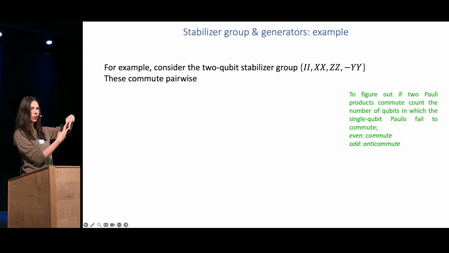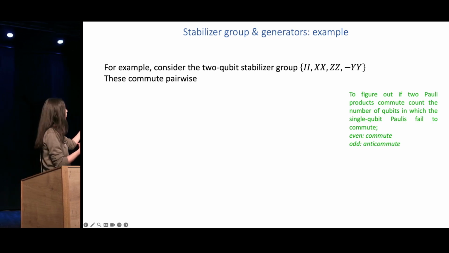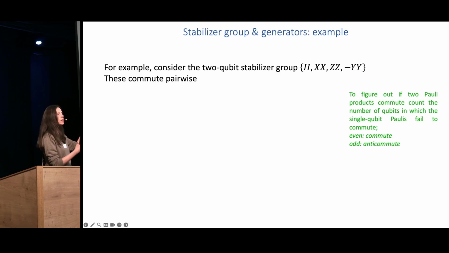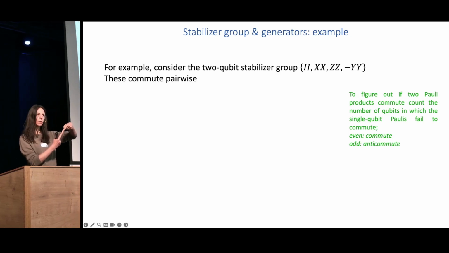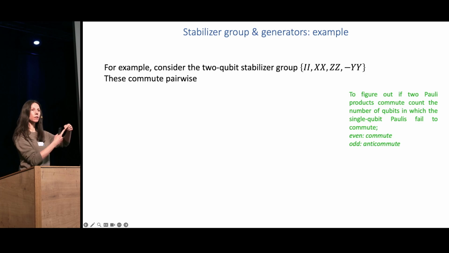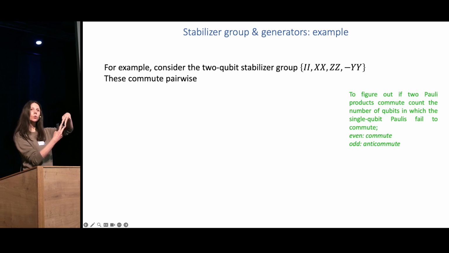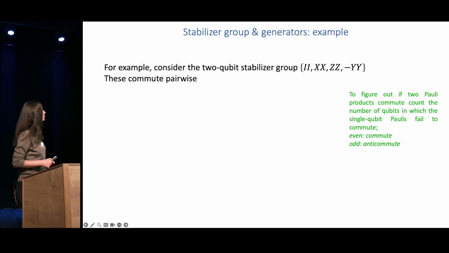If they fail to commute in an odd number, they anti-commute. So for example, XX and ZZ, qubit-wise, X and Z don't commute, right? The commutator is proportional to Y. Same, of course, for the other qubit, but because they fail to commute on 2 qubits, the whole thing commutes. Does that make sense? Okay, great.